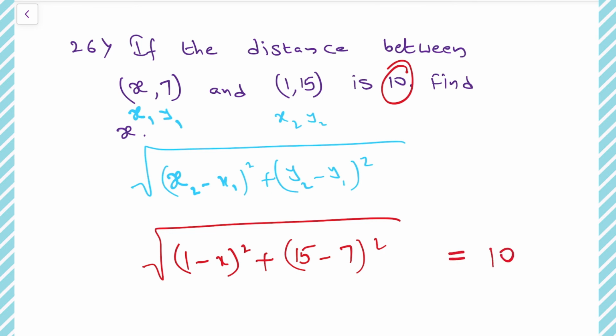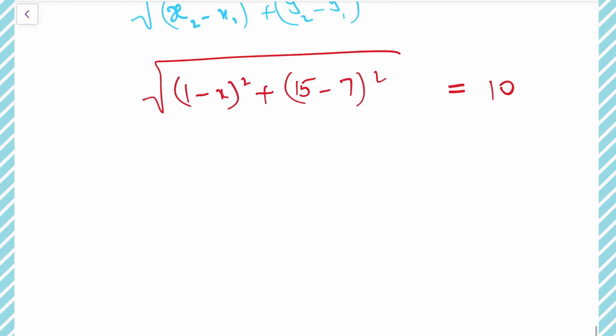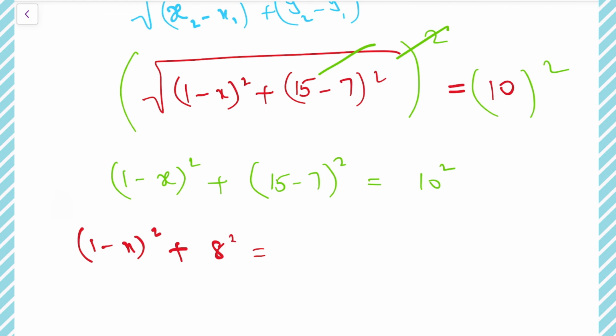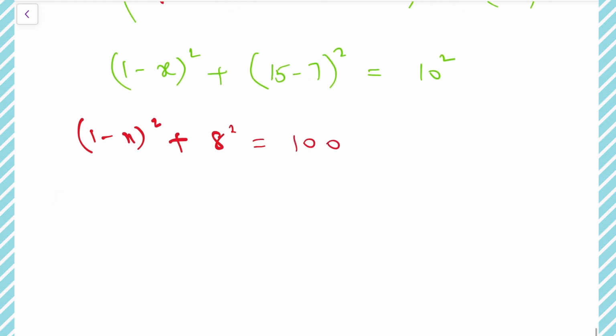Now if we observe this line clearly, on the left side we have a square root, whereas on the right side nothing is there. So to remove that square root, square both sides. This cancels, so we remain with (1 minus x) whole square plus (15 minus 7) whole square equals 10 square. (1 minus x) whole square as it is, plus 15 minus 7, 8 square, equals 10 square, 100.